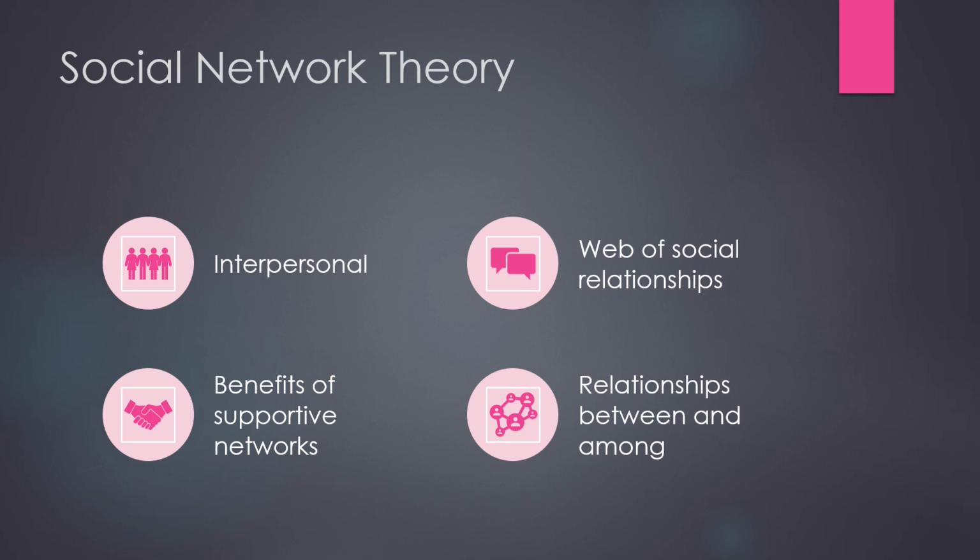To support health education specialists' work, there is now evidence from social epidemiological observation studies that have documented the beneficial effects of supportive networks on the health status. When we talk about social network theory, we talk about the benefits of these supportive networks and the web of social networks that exists.